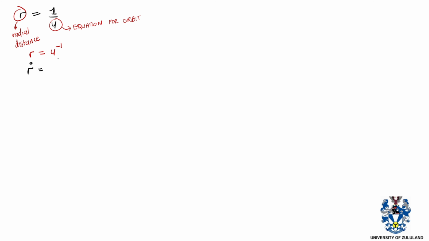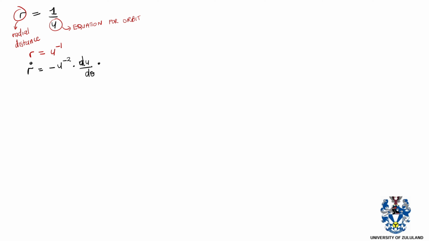If we differentiate this using the power rule, we get negative u to the power of minus 2. Then you multiply this by the derivative of u with respect to theta. First you multiply this and then you apply the chain rule.